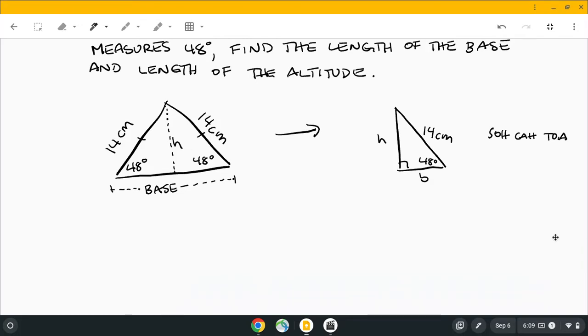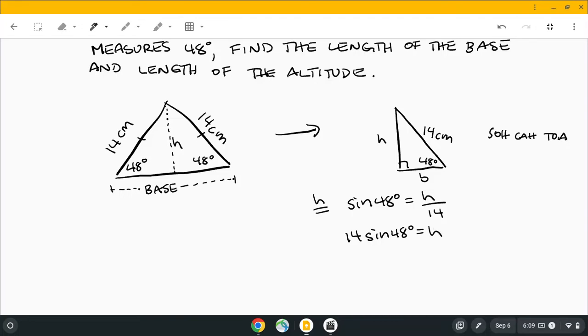Okay, so here, solving for height, I'm going to use sine 48 degrees, which equals opposite over hypotenuse, which is 14. Okay, multiply both sides by 14 to solve for h. So 14 times sine of 48 degrees equals h.